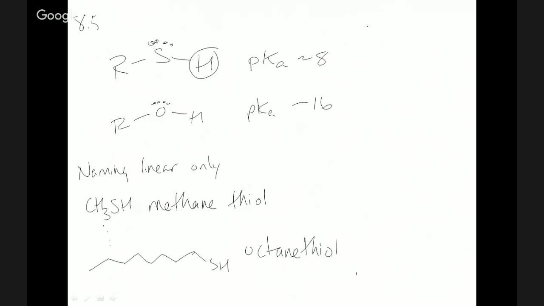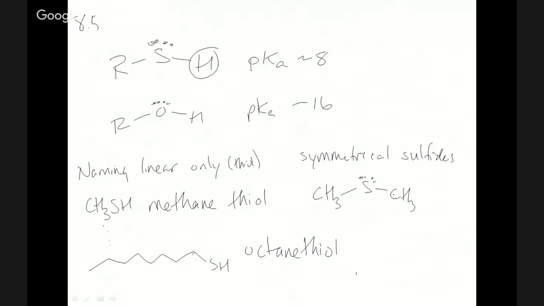So naming linear only for thiols and sulfides. Just like ether, we're only going to do symmetrical sulfides. Sulfides are the sulfur equivalent of ethers. Okay, so no H. We have 2 groups.